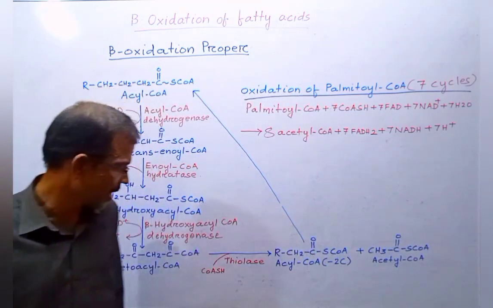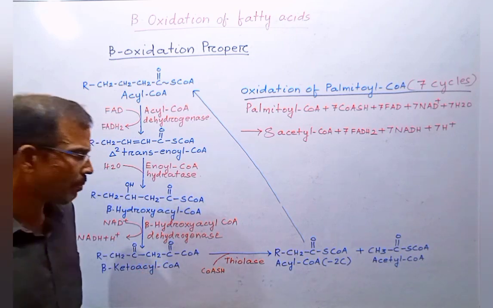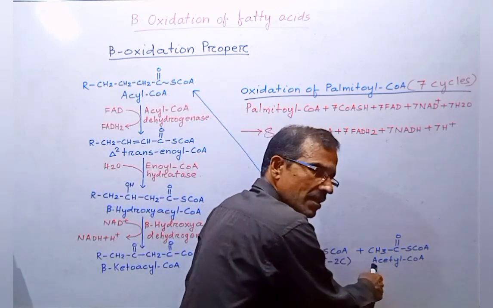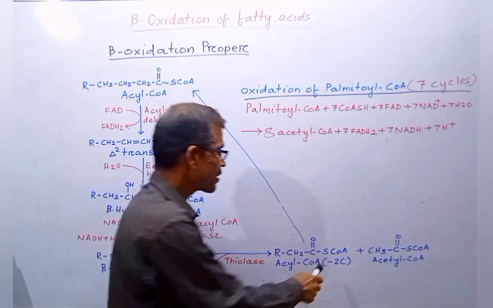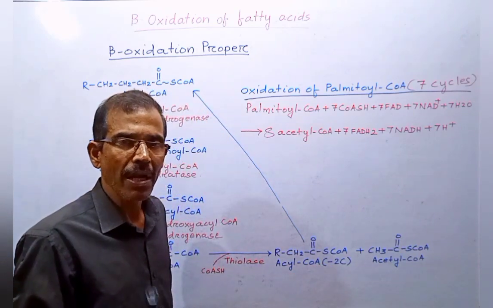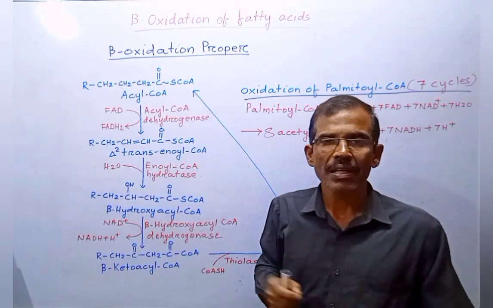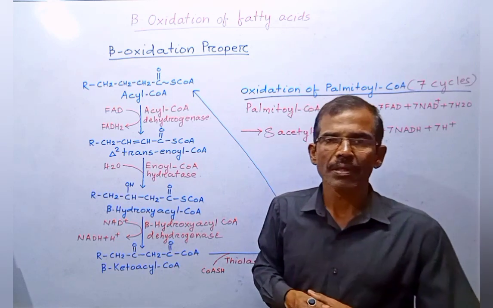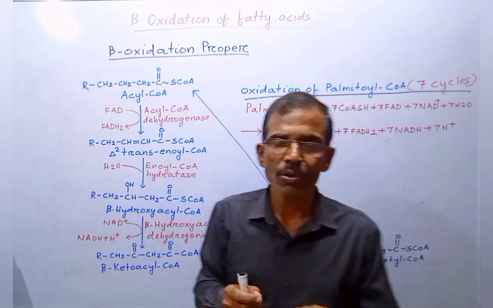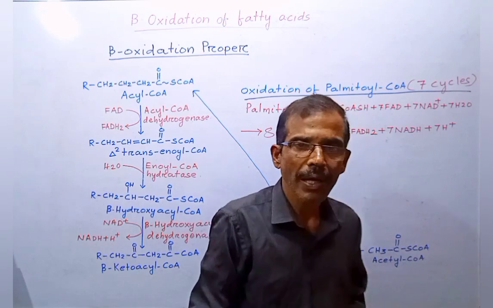Finally, in the fourth step, beta ketoacyl coenzyme A is cleaved by the enzyme thiolase, yielding an acetyl coenzyme A and an acyl coenzyme A, which is shortened by 2 carbon atoms. These 4 reaction steps constitute a cycle of beta oxidation. So each cycle results in the sequential removal of a 2 carbon fragment, acetyl coenzyme A.